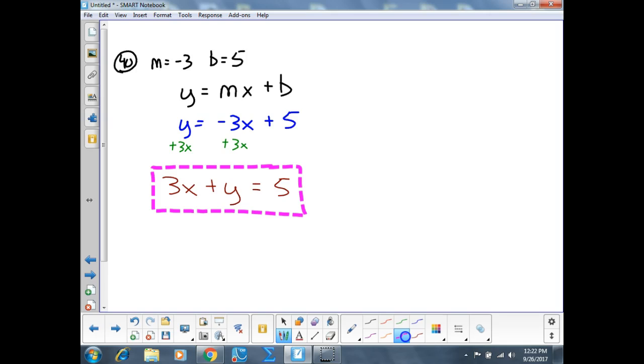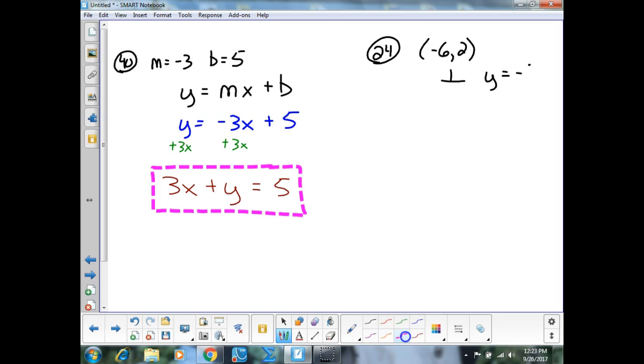Number 24 said, in parentheses, negative 6, 2, that is perpendicular to y equals -2. Right? Okay. What kind of a line has y equals -2? Horizontal, right?